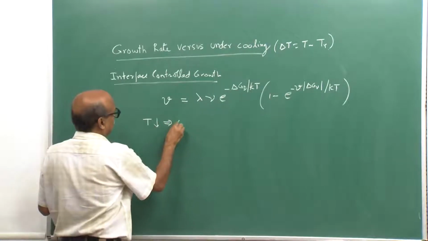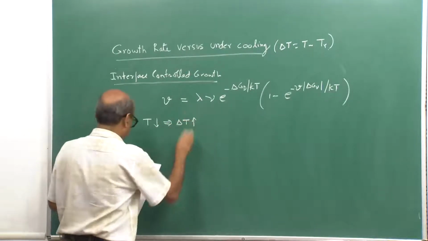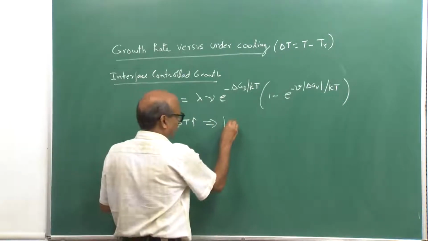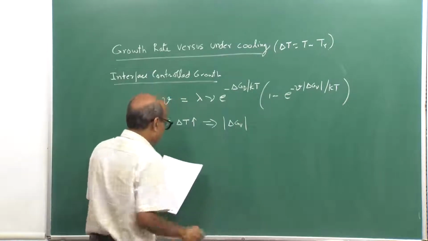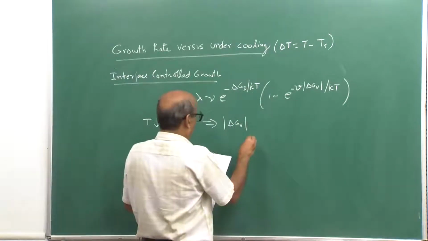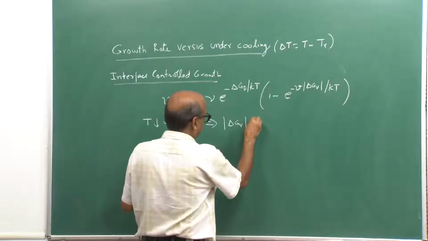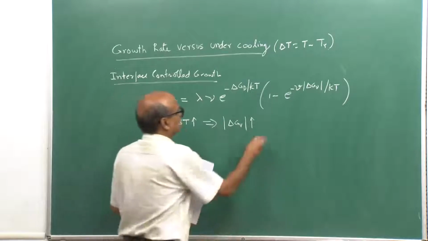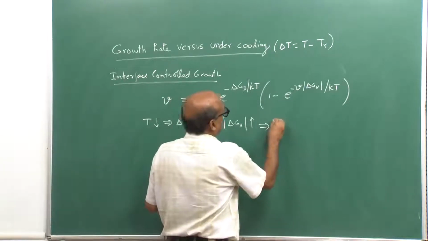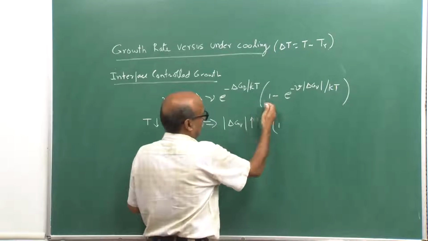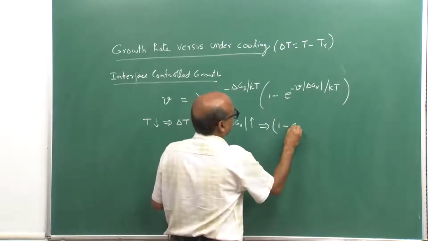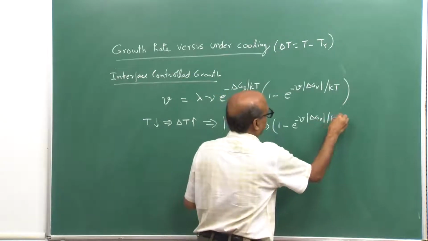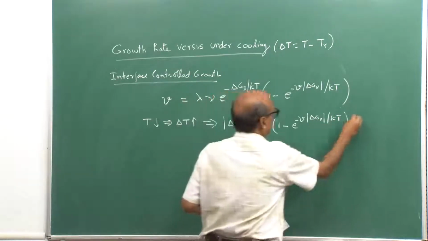This results in a larger undercooling, and a larger undercooling would result, as we had also seen in the previous lecture, that the volume free energy change would increase, and if the volume free energy change increases, then the term in the circular brackets, 1 minus e to power minus V delta Gv divided by Kt, would increase.